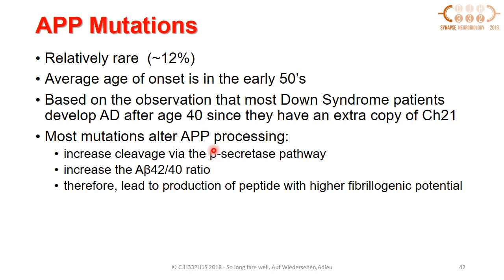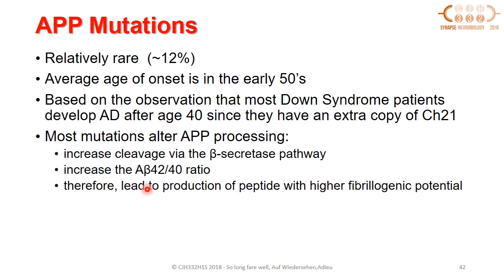So again, one of the things that we also know is that when we identify these mutations that alter APP processing, it's usually in that pathway that we looked at earlier. There's an increase in the beta secretase pathway. There's an increase in the two different forms. And this is one to maybe highlight for potential multiple choice test questions. When you look at the different fragments, you can form A beta 1 to 40 or A beta 1 to 42.